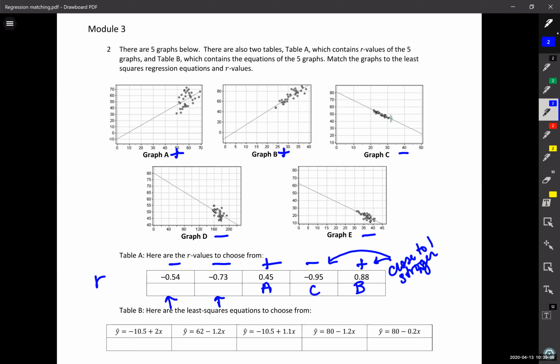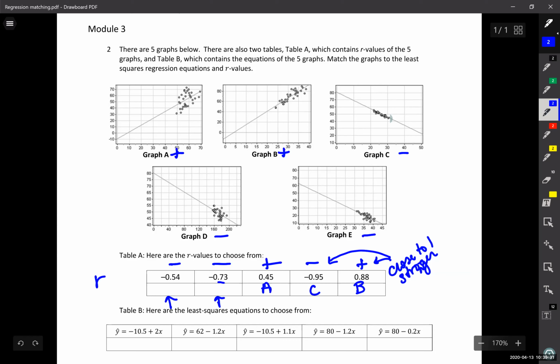These are both negative, so I'm not going to say negative every single time, just looking at the absolute value. The 0.73 and the 0.45, which one is closer to a straight line? Well, the answer is always which one's closer to 1 or -1.